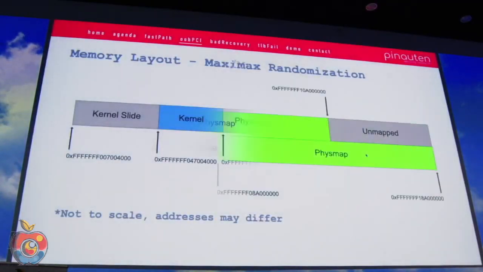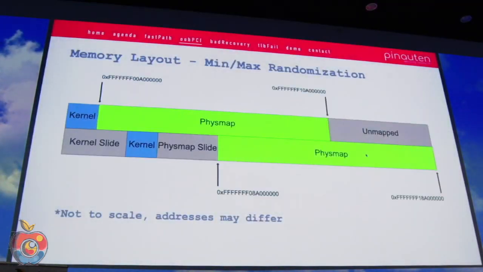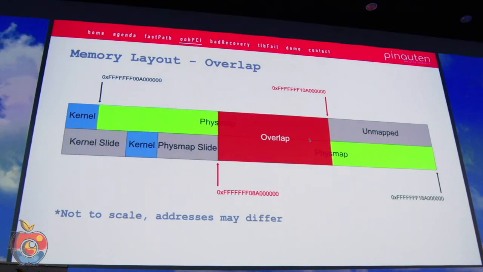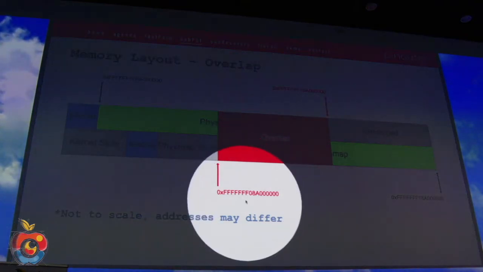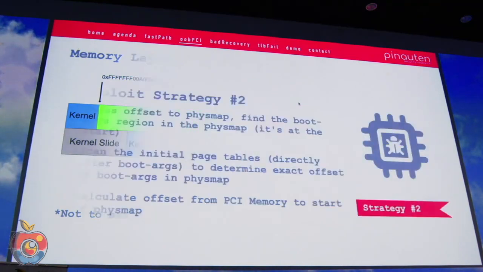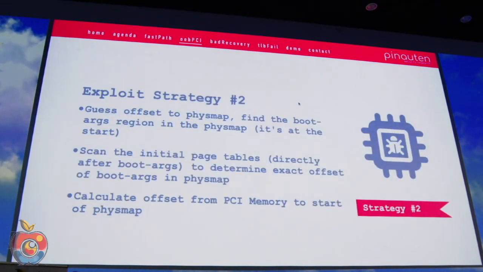If we compare both, we will see that right here, this part, there's an overlap. So regardless of what the randomization value is, those addresses are always safe to access, simply because there will always be RAM there.